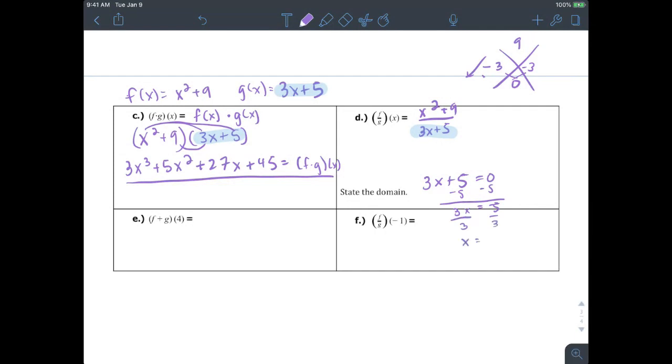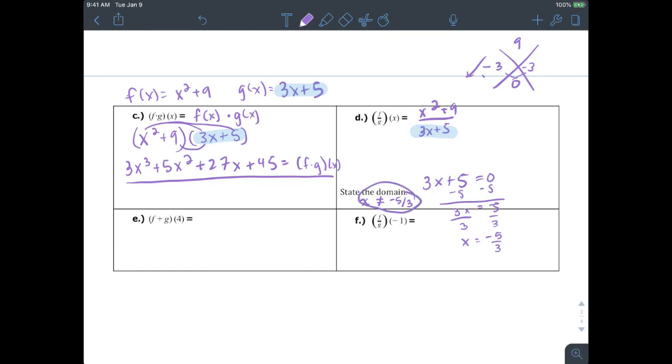So x is equal to negative 5 thirds. So when x equals negative 5 thirds, we're going to get a 0 on the bottom. So what I know about the domain is that this is the only value that I actually cannot equal because it will give me my illegal 0. Okay, this is my domain.